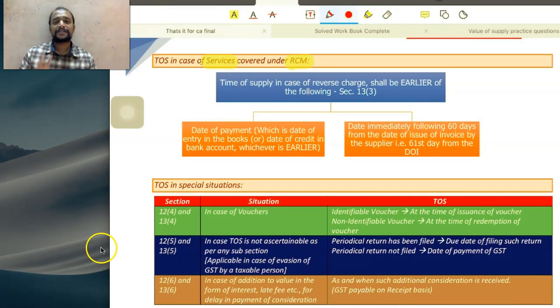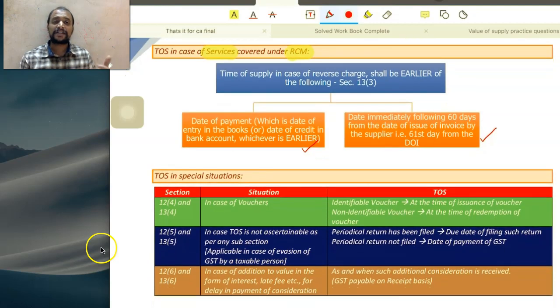Whereas in case of services covered under RCM, the first date is not there, that is, the date of receipt of services we don't have. Instead of the 31st day, you need to replace it with the 61st day from the date of invoice or the date on which payment is made to the supplier, whichever is earlier. Only 2 dates. Is GST payable on advances in case of services covered under RCM? Yes, because the date of payment is one of the dates.